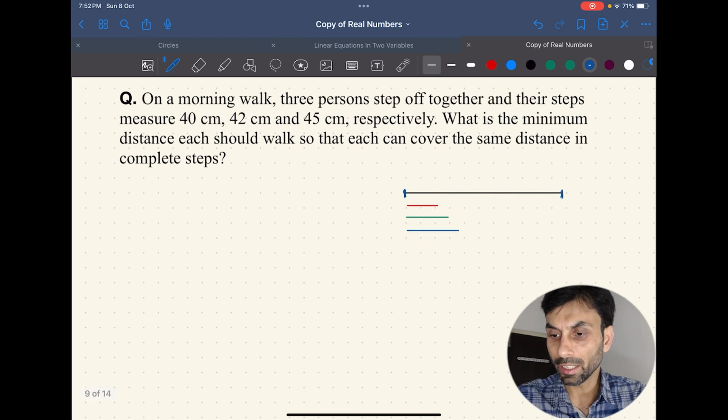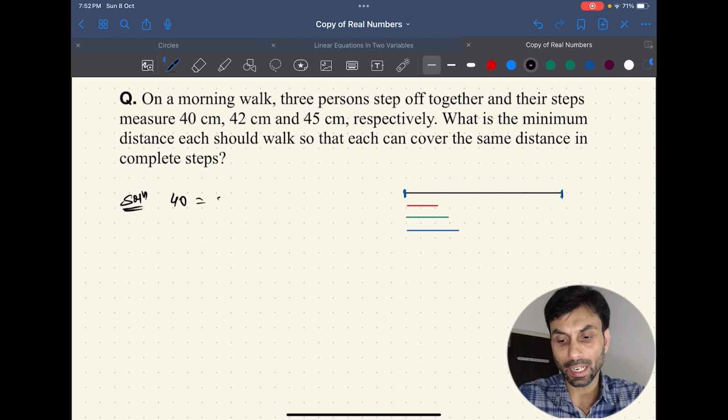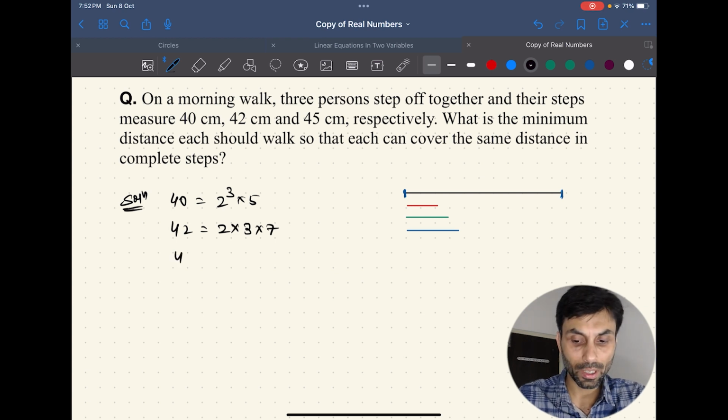In order to find the LCM, we'll have to prime factorize the given numbers. The prime factorization of 40 can be written as 2 cube into 5. 42 can be written as 2 into 3 into 7, and 45 can be written as 3 into 3 into 5.